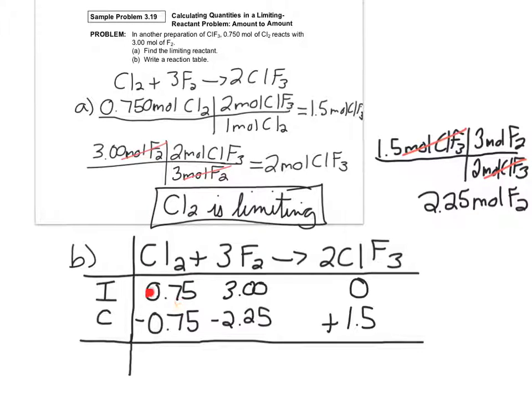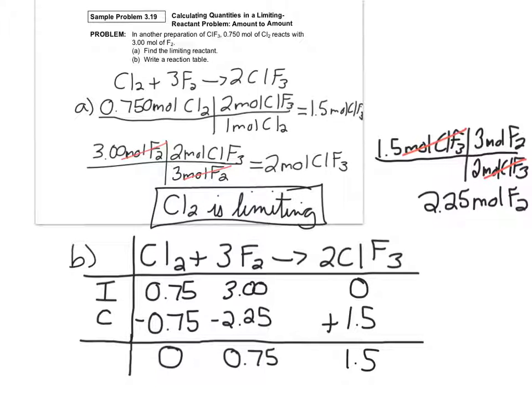And then the last part of our reaction table, we have to tally things up, so equals. So here I have 0.75 minus 0.75, which is equal to 0. Next, for the fluorine, I have 3 minus 2.25, right? And so that's going to equal 0.75 moles. And then for the ClF3, I have 0 plus 1.5, which is just equal to 1.5.